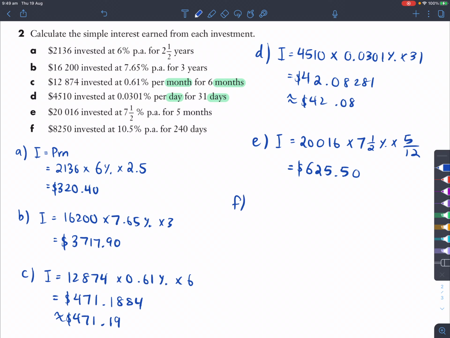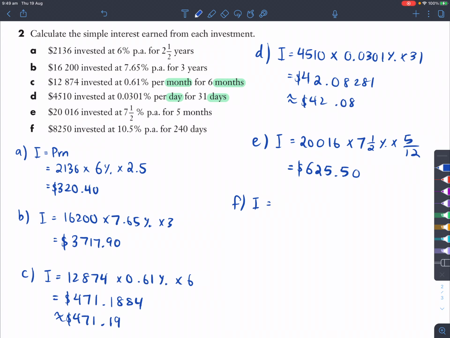Again, question F. We've got a principal of $8,250 invested at 10.5% per annum for 240 days. Notice how these two are different time periods. One's in years, which is per annum, and one's in days.